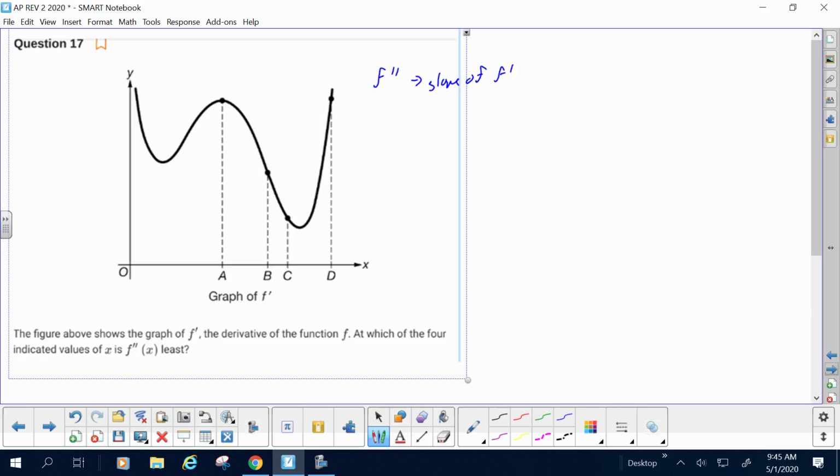So I want to know, when is the slope of f prime least? Well, that's about 0. That's a pretty big negative. This is also a negative, but not as big. And that's a positive. So it seems like that's going to be the least, a big negative number. So I choose B. All right?